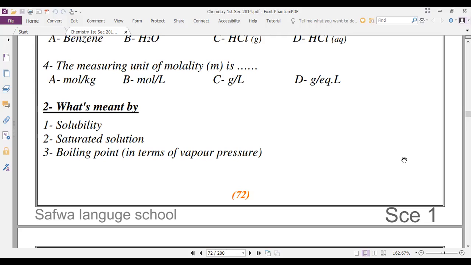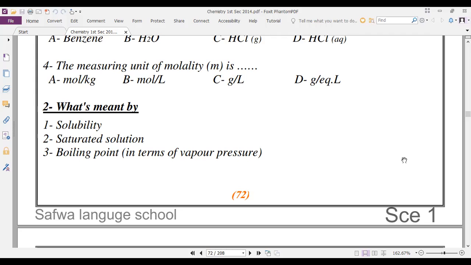Saturated solutions are the solutions that don't allow the dissolution of any additional amount of solute without a change in temperature.